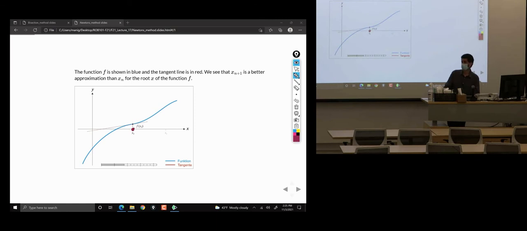Now, is that accurate and correct always? How well does this line here describe my function? Not bad. Your answer is also not bad. Yeah, not bad. It couldn't be worse, right?